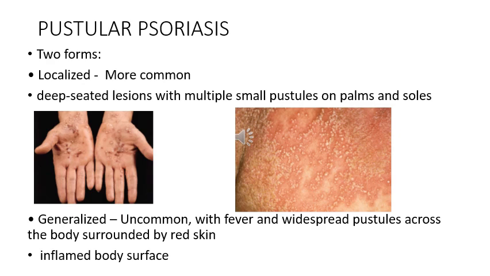So these are the places where pustular psoriasis is seen, that is palms and soles. Generalized psoriasis is uncommon. It has fever associated with widespread pustules across the body surrounded by red skin. In the second diagram, you can see generalized pustular psoriasis, with the inflamed body surface marked by redness.